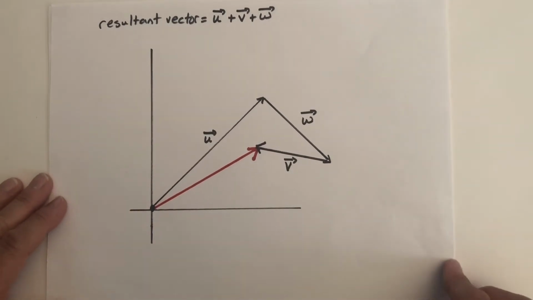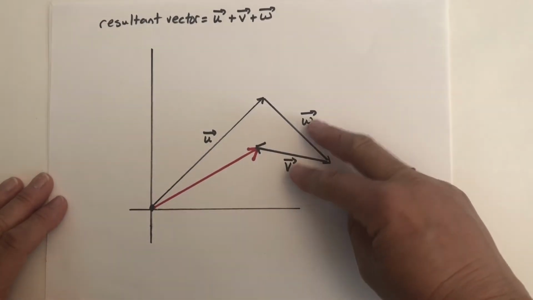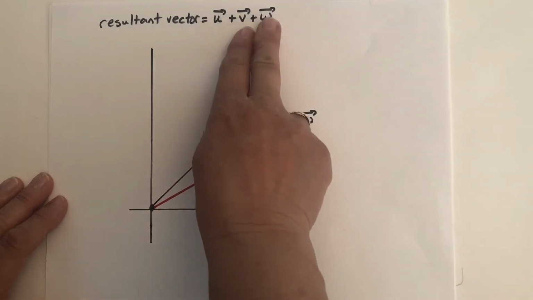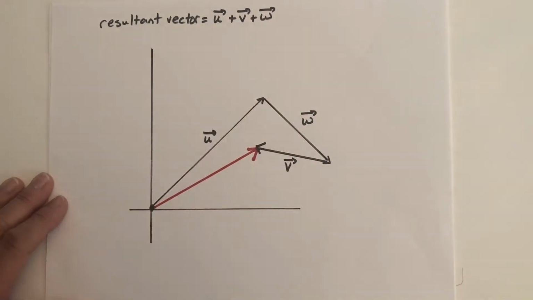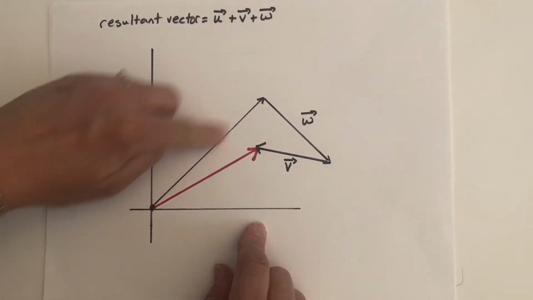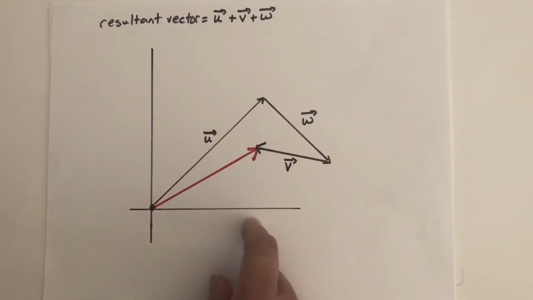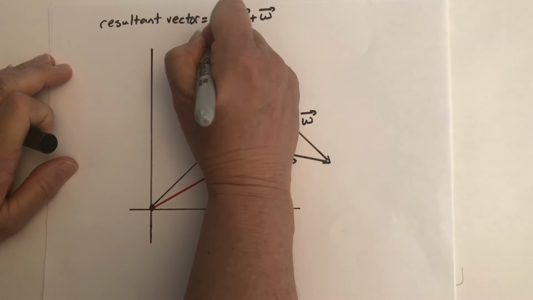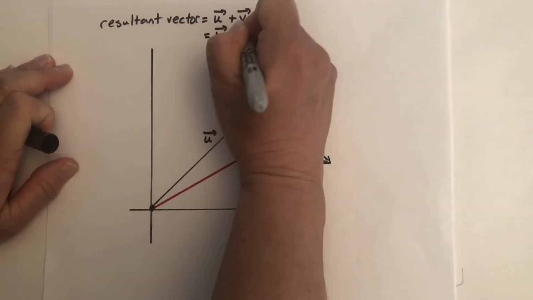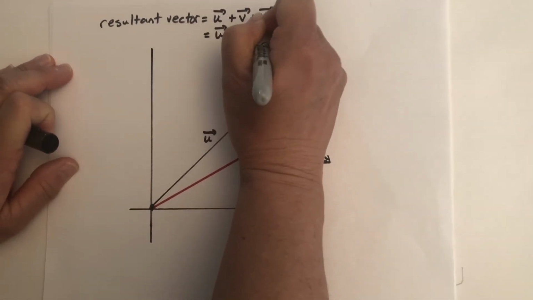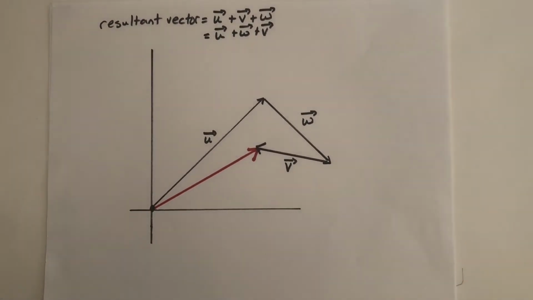I just like the picture better when I commuted the v and the w, but remember, vector addition is commutative, so I just preferred to add u plus w plus v. So I can even write that, u plus w plus v, because we know we can add them in any order.